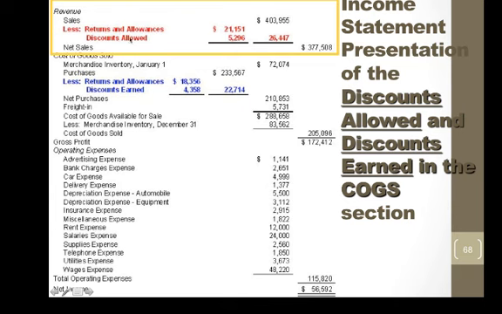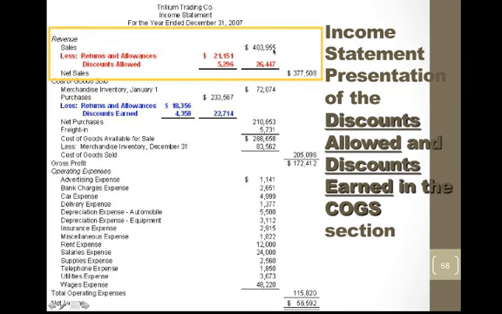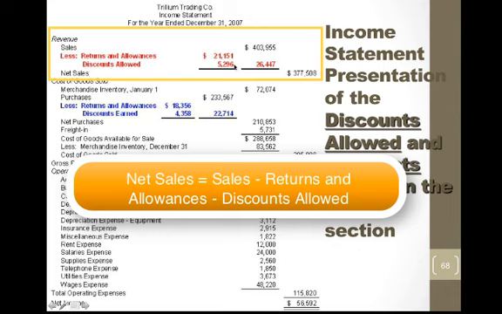And we're also going to subtract the discount, because if they sold $403,955 worth of goods, but 21,000 were returned, plus customers took a discount of 5,000, really your sales were only 377,508. So that's called net sales. So net sales is your sales minus your returns minus your discounts. Net sales, you're going to need to know that.